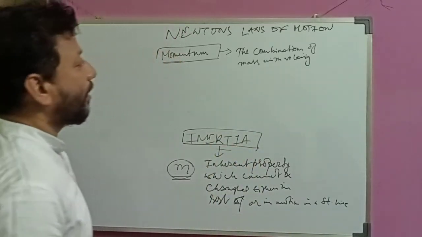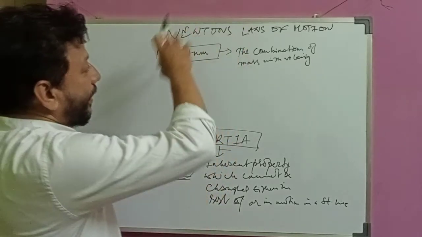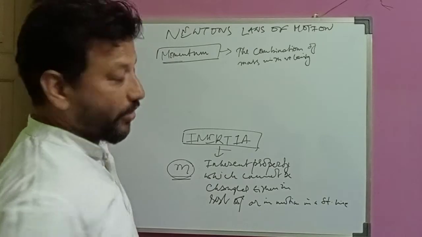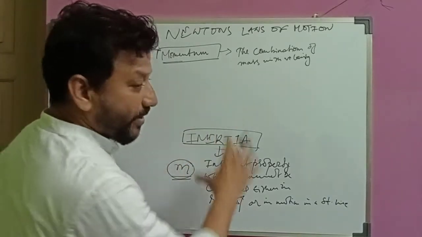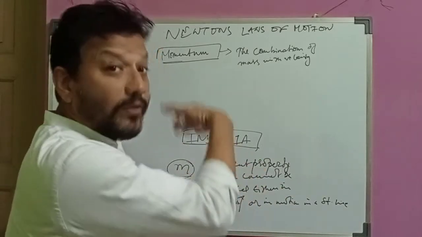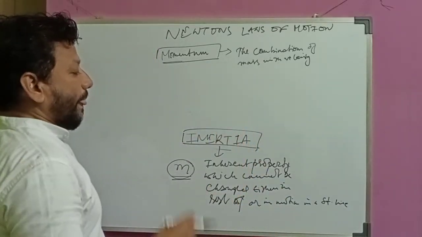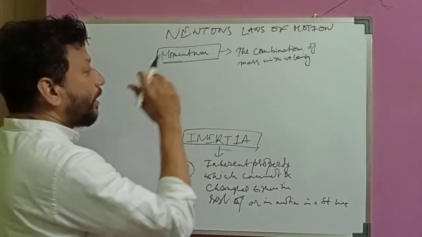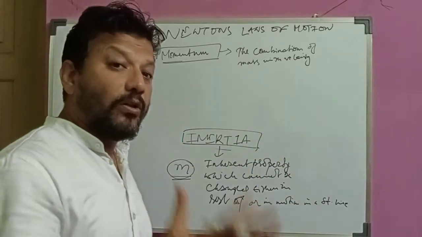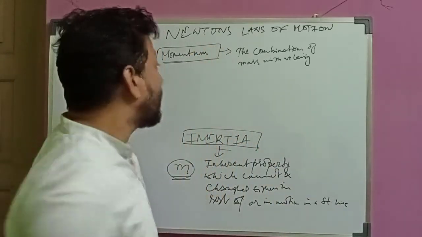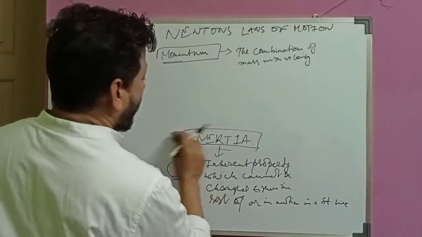Later on, after the postulates of Galileo, these all came automatically. The sliding, all the theories automatically come one after one. Now, after inertia, then momentum, Newton's first law comes.